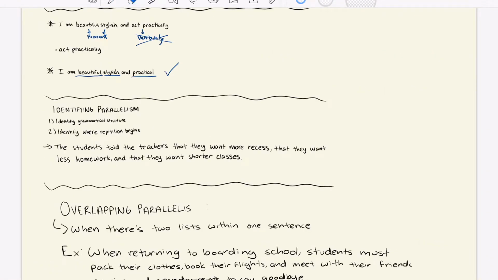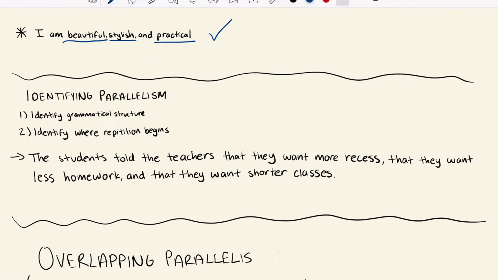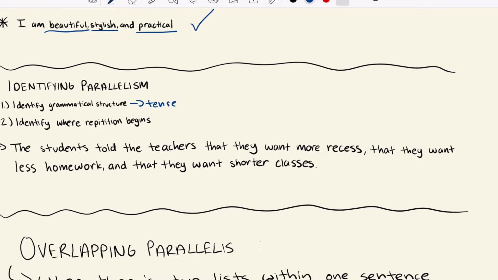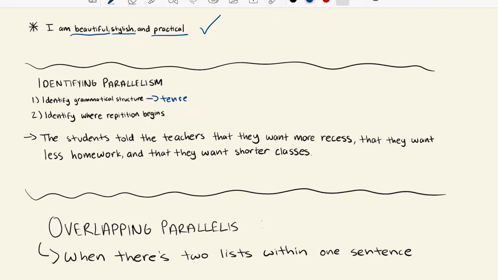When identifying parallelism, we first have to identify the grammatical structure, which is the tense. For shorter sentences, for example, "I am beautiful, stylish, and practical," we already know that the tense is present, and so that's the only thing we need to find. However, in longer sentences, such as, "The students told the teachers that they want more recess, that they want less homework, and that they want shorter classes," we also need to identify where the repetition begins.